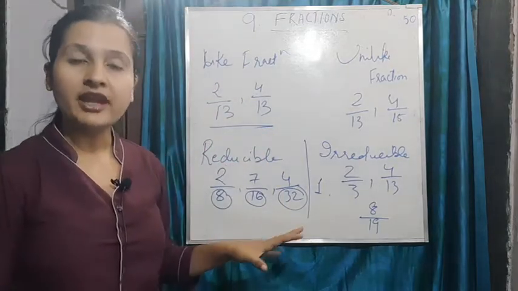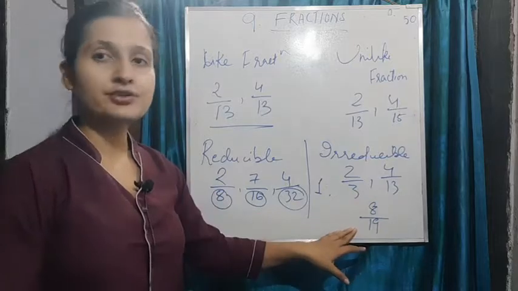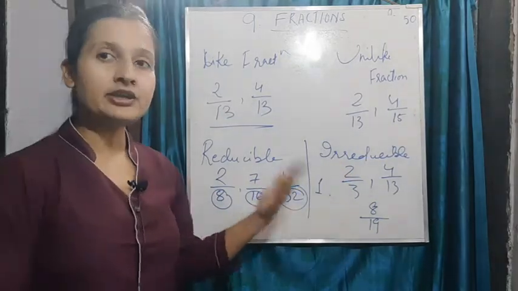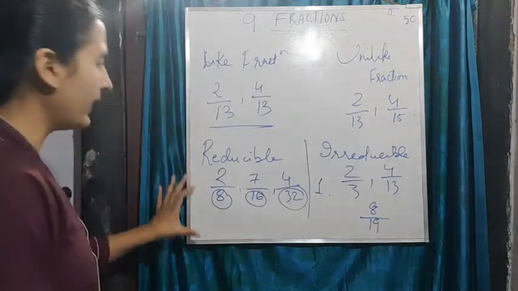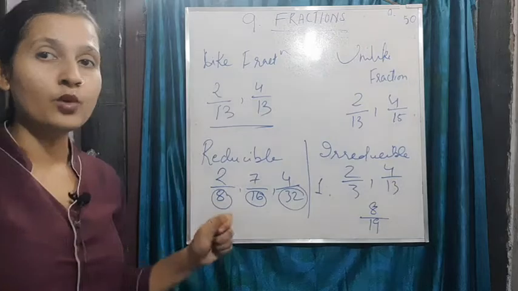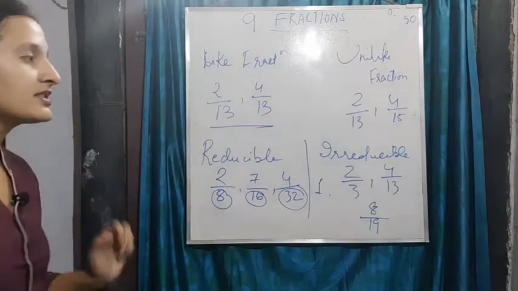They will not have any other common factor among these three denominators. Therefore, it is called irreducible fraction. And when the common factors are more than one, then it is said to be a reducible fraction.